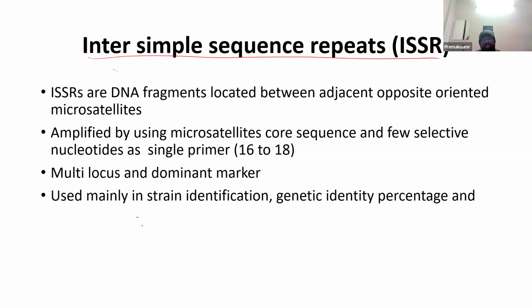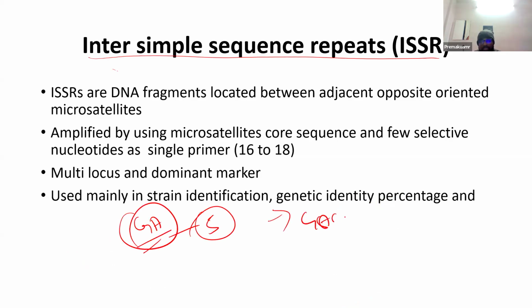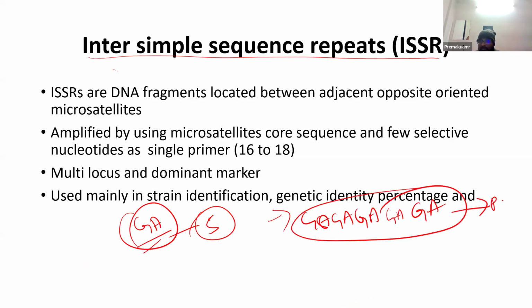For example, you think GA and repeat it 5 times: GA, GA, GA, GA, GA. You design the primer by yourself, add it to DNA in a PCR tube, and do PCR.